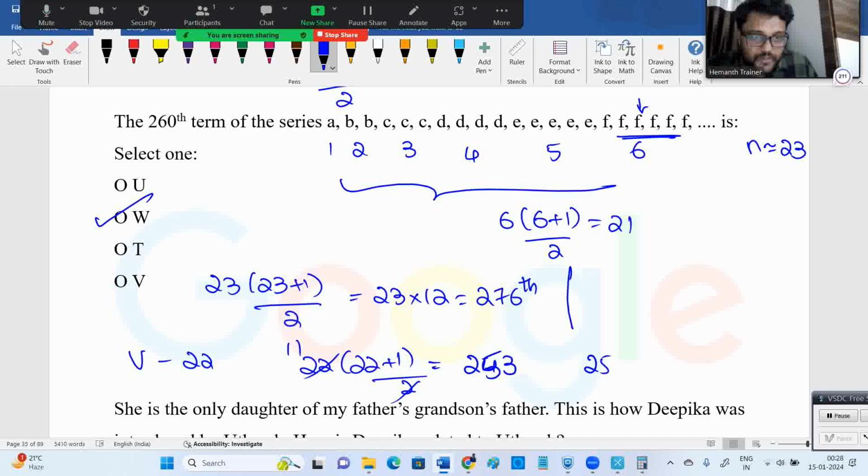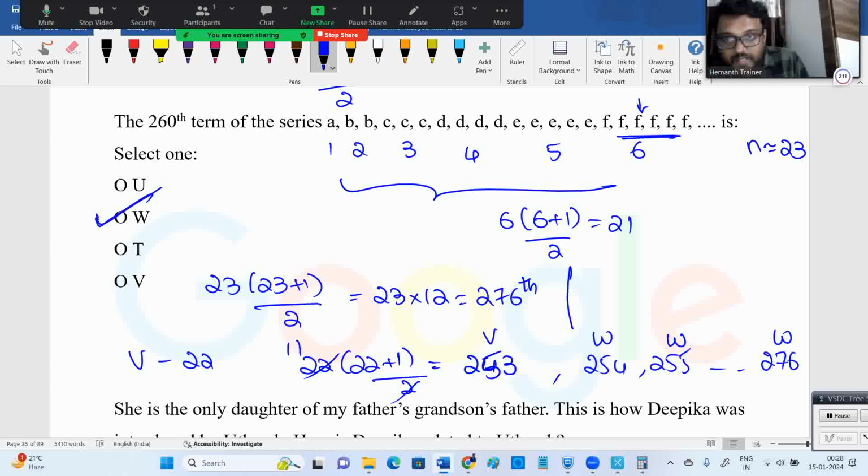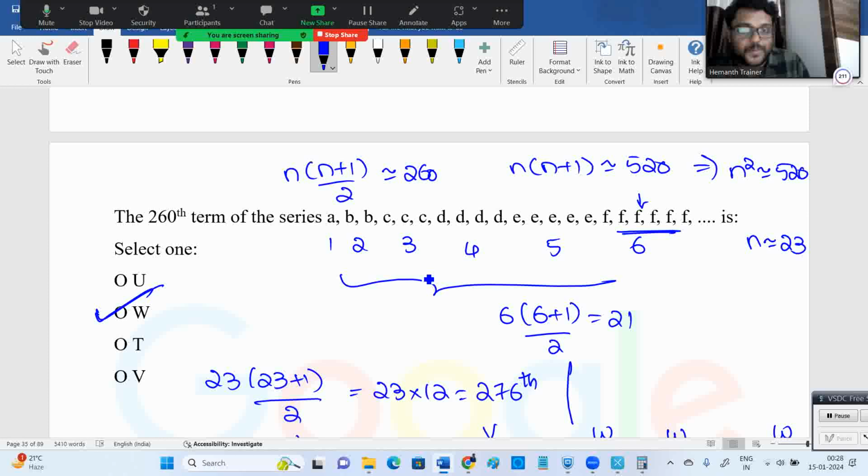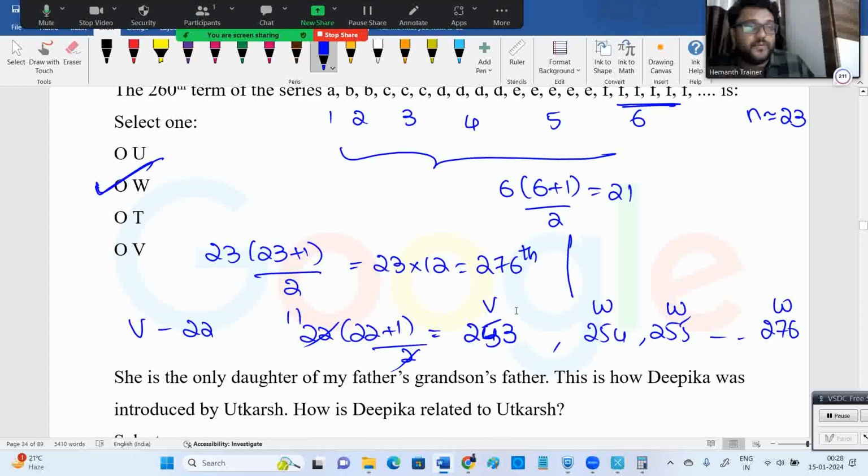From 254 onwards, the 254th term is W, 255 W, up to 276, W only will be there. This is trial and error, but how to reach it is approximation. They are asking for the 260th term, so from 254 to 276 it's still W only.